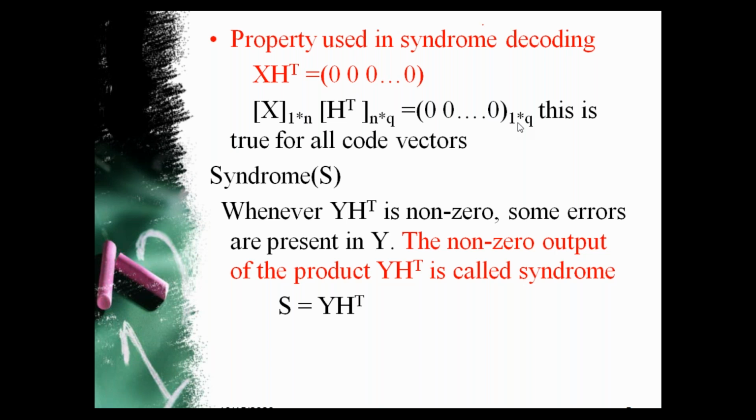If the product is a non-zero vector, it means some errors are present in Y, that is, X and Y are not the same. Some errors occurred during the transmission. The non-zero output of the product Y into H transpose is called the syndrome, that is, S equals Y into H transpose.